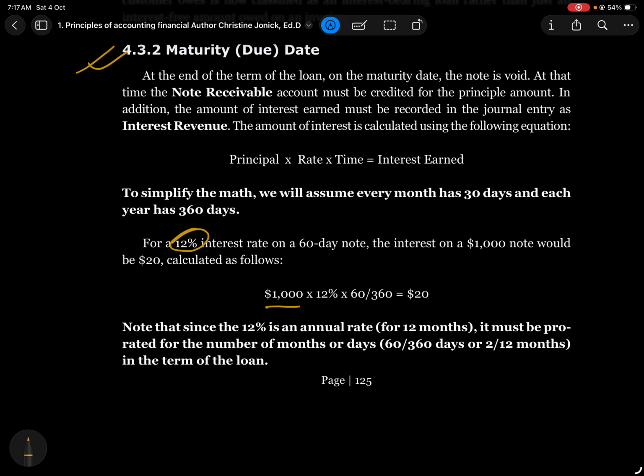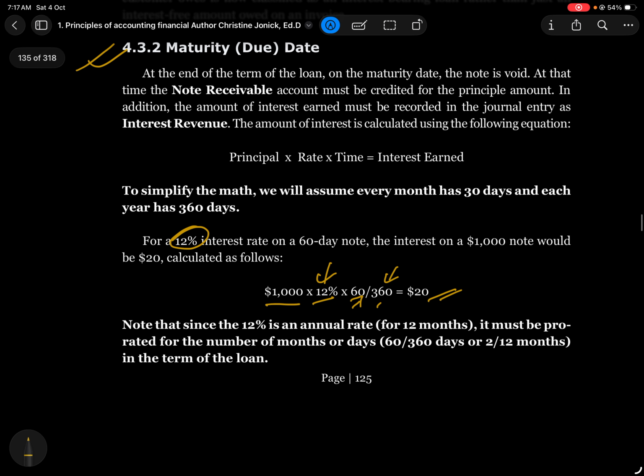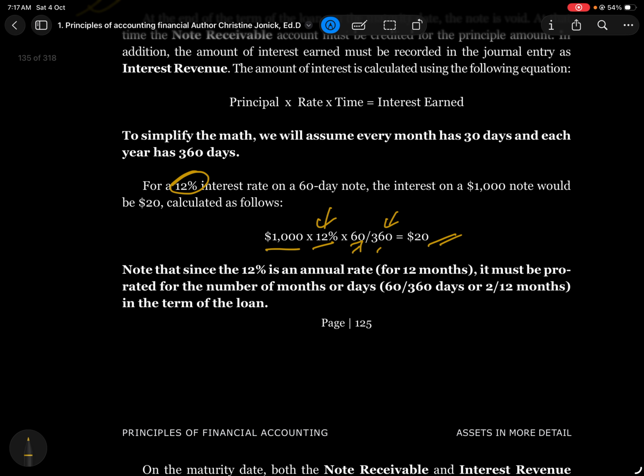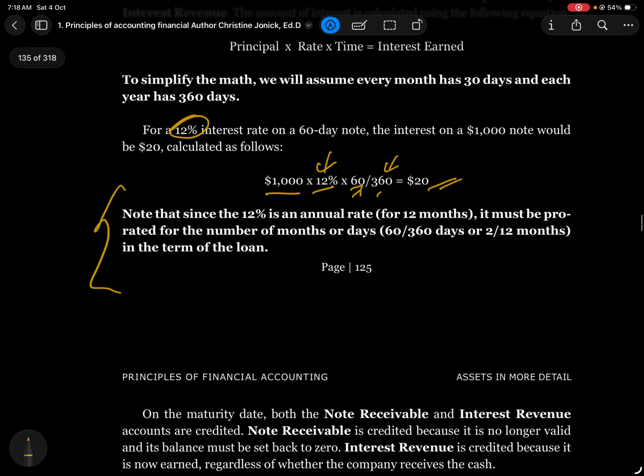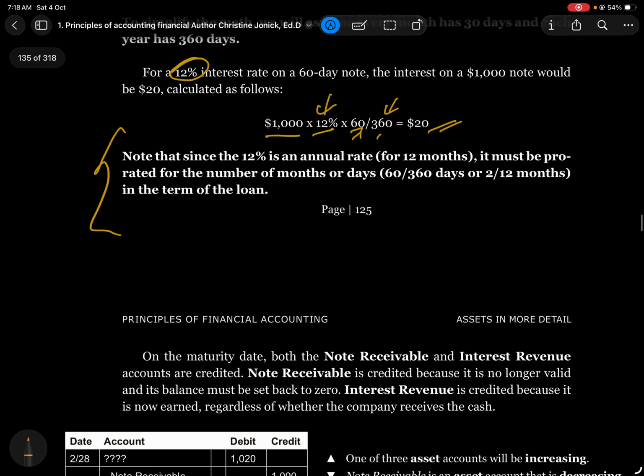Suppose 1,000 was lent out at a 12% interest rate on a 60-day note. 12% is the annual rate, so we need to divide it by the year and the days, so $20 would be our interest. We are computing the rate for the particular number of days.